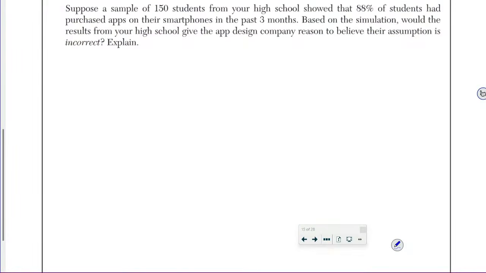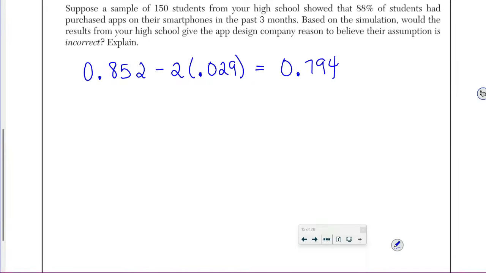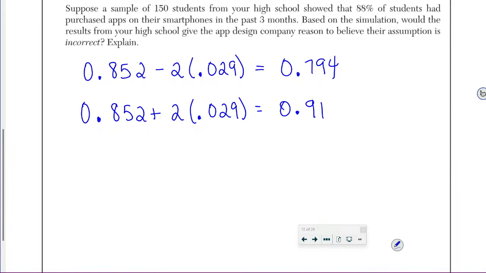So I'm going to take 0.852, and I'm going to subtract off 2 times the standard deviation, and that ends up being 0.794. And then I'm going to take that mean, 0.852, and add 2 standard deviations to it, and I'm going to get 0.91. I'll put a 0 there just so that we have the same number of decimals.